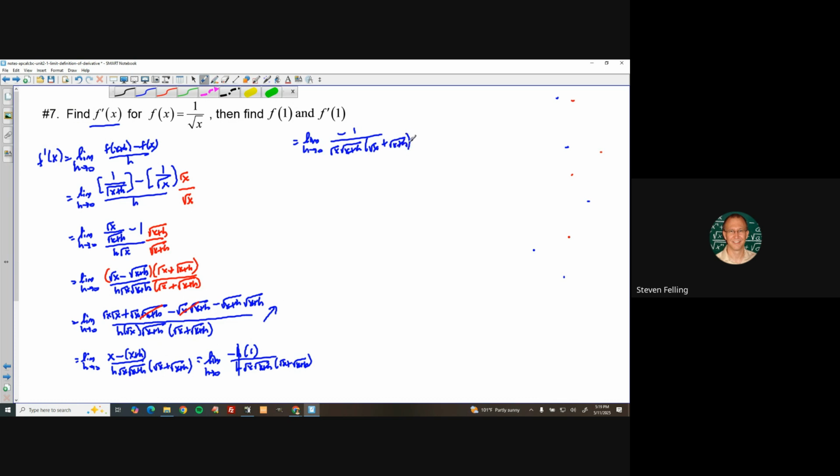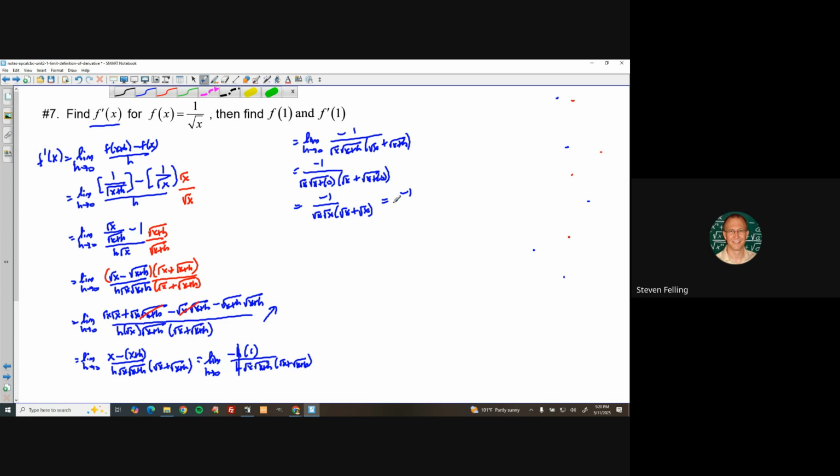Okay, now it's safe for me to plug in 0 for h. I'm not going to write the limit anymore because I'm plugging in now. Negative 1 over the square root of x, square root of x plus 0. I'm plugging the 0 in for that h. And then I have square root of x plus square root of x plus 0, which is the same as negative 1 over square root of x times square root of x, and then square root of x plus square root of x.